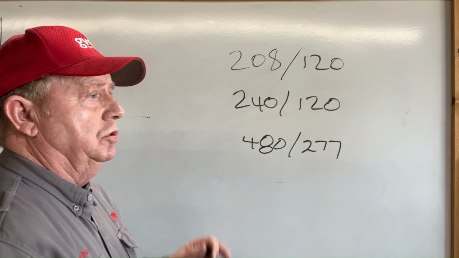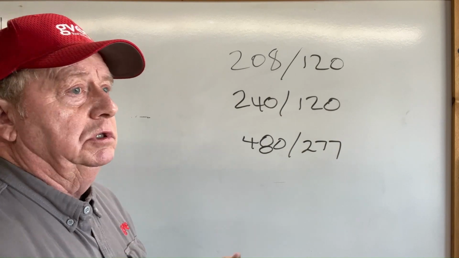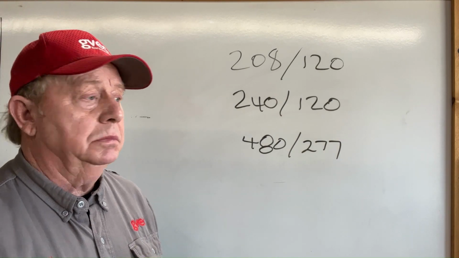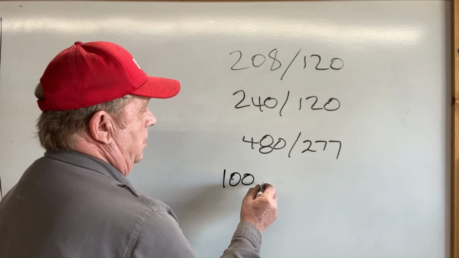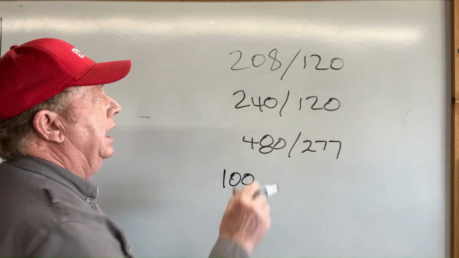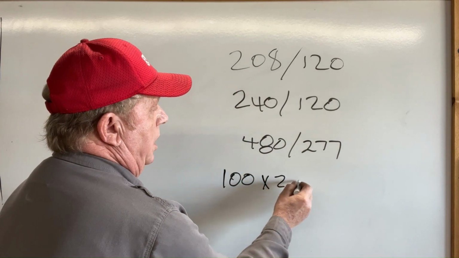So we're going to go to a transformer bank that is 100 kVA. The multiplier at 208 is 2.8.